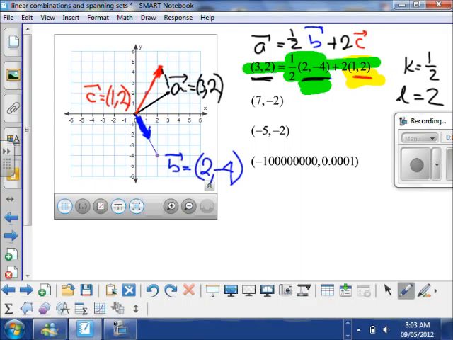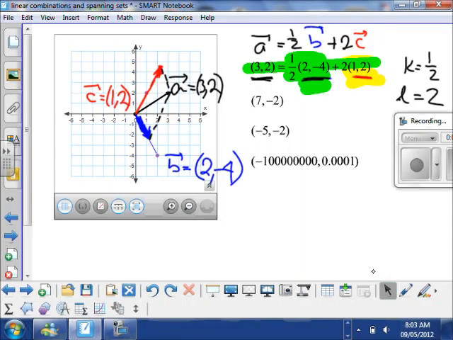I do my parallelogram. If you want to do your triangle, nothing stops you. Move one of them, and you know how to do the triangle. Good. So what did I accomplish here? I wrote the vector 3, 2 as a linear combination of two other vectors, the red and the blue.